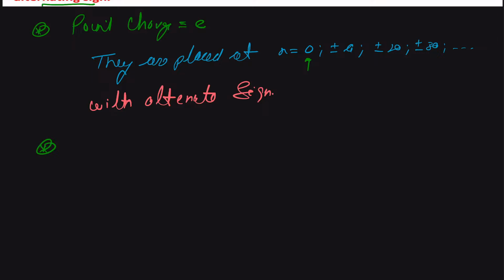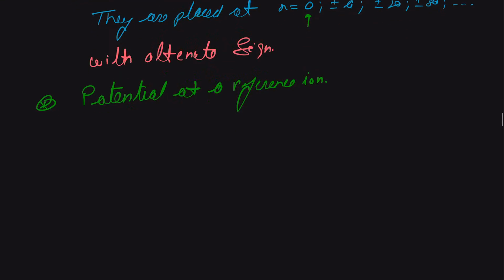So you can say potential at a reference ion, and we assume that this reference ion is our positive ion, so that will be plus E and placed at origin.